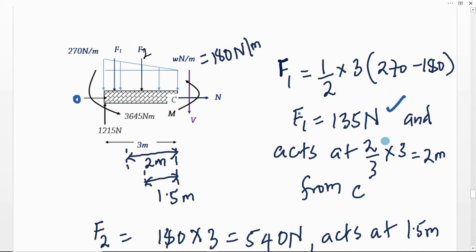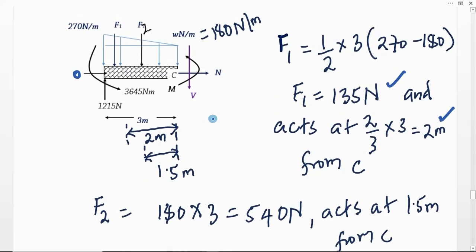It will act at a distance equivalent to 2/3 of 3 from point C, which will give you 2 meters, because we are looking at the distance from point C, since that's where we are going to take our moment from.